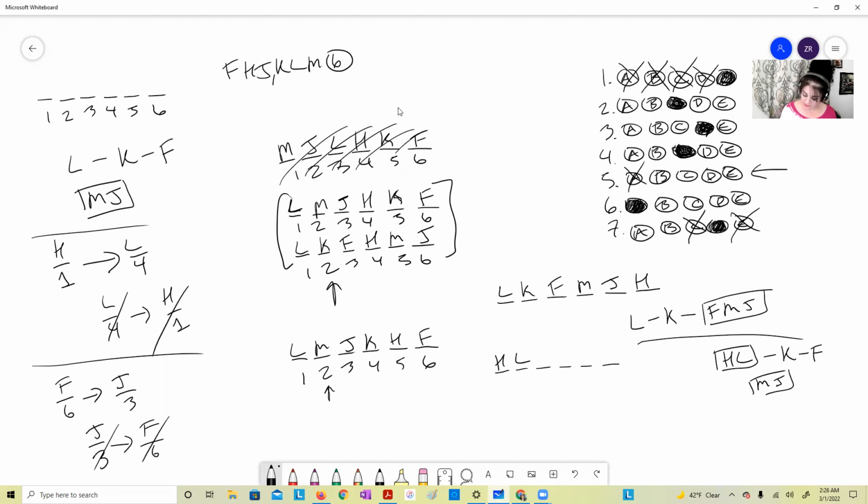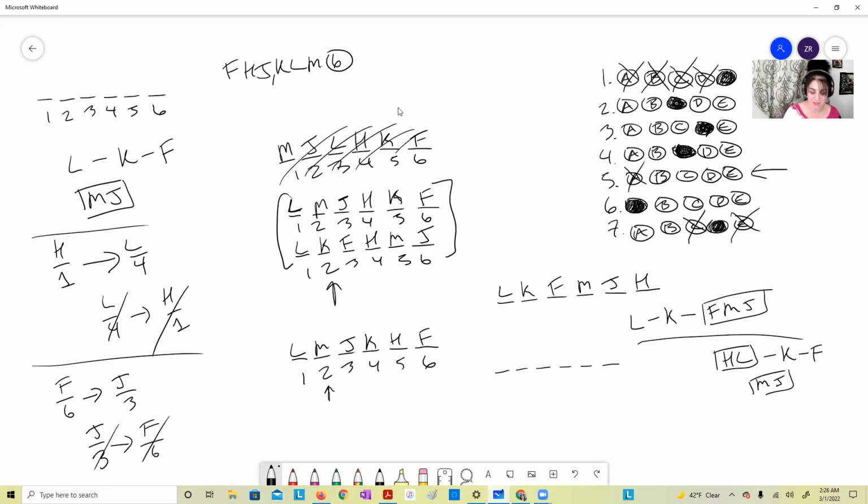That wouldn't work because then L would have to be on 4. So we would have to somehow move H down. Could we put H, L? If we moved H down, how would that work? Because how would we put M and J anywhere? We need that MJ block. Where would we put them? And then also put KF. That's not going to work.